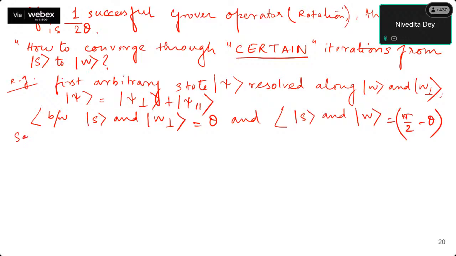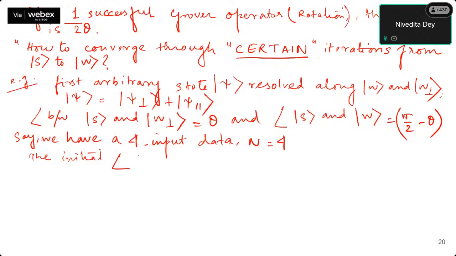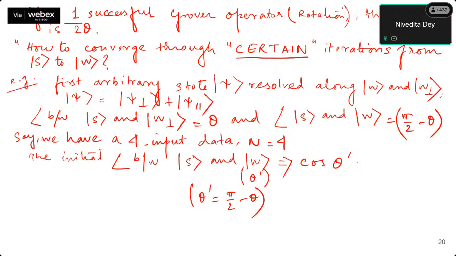Now say we have 4 input data. Only 4 input data I am choosing, meaning n equals 4. The initial angle between S and W, let me assume that is theta bar, where theta bar is also pi by 2 minus theta, and we want to calculate cos theta bar, which equals S dot W divided by the amplitude of that.